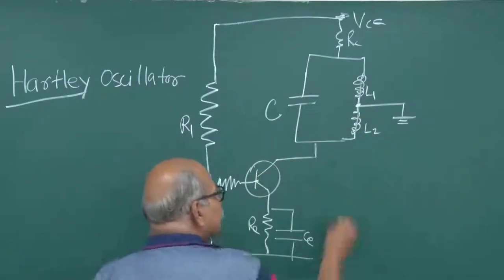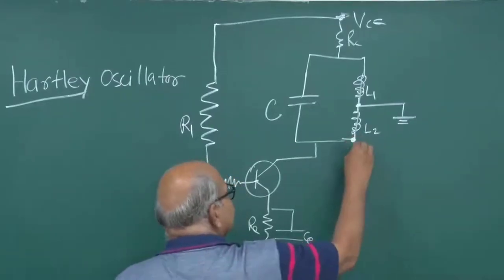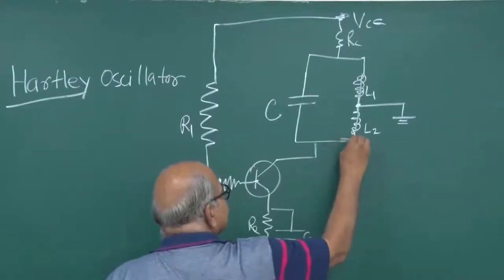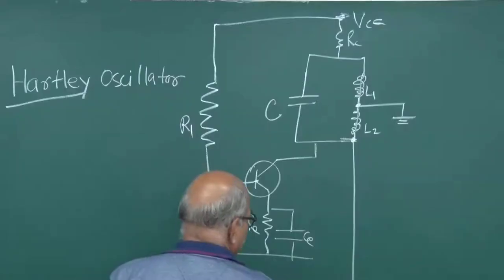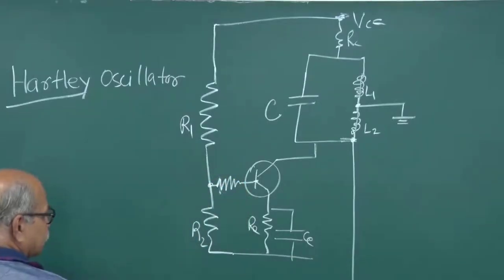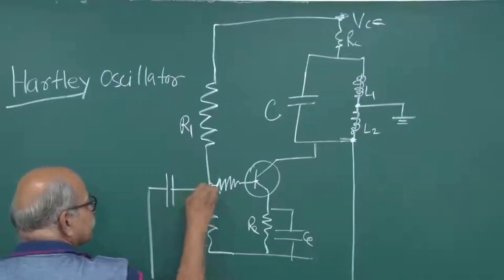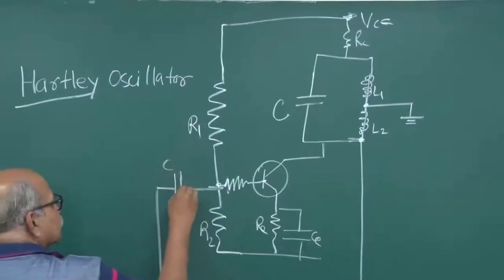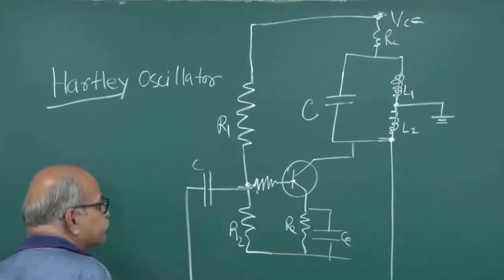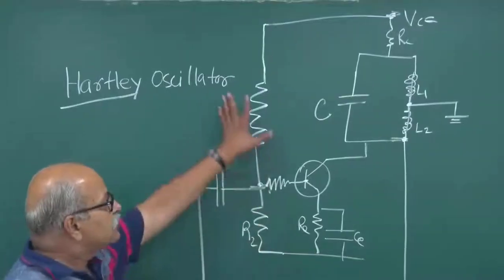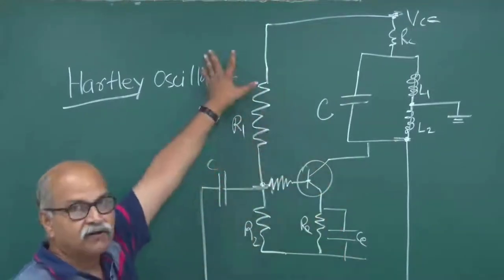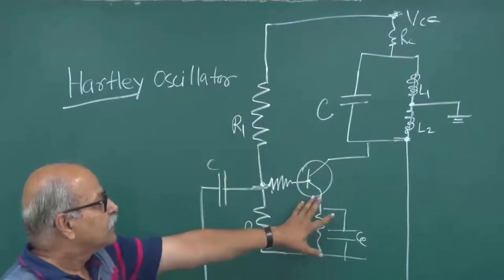And the voltage at this point on L2 is taken and joined to the base voltage, base biasing. This is just a capacitor. Okay, so it goes like this. So this is the kind of circuit of a Hartley oscillator.